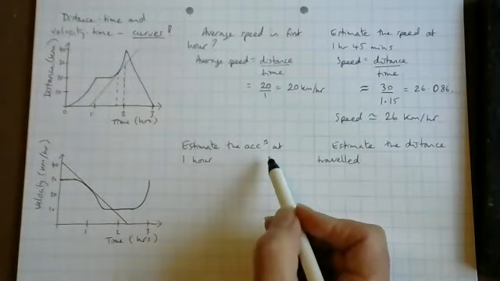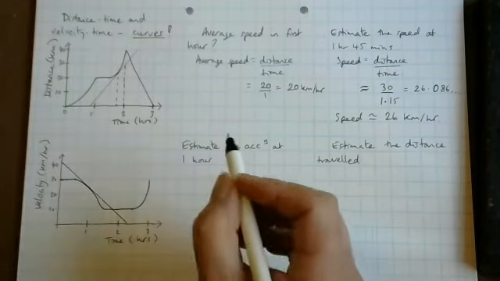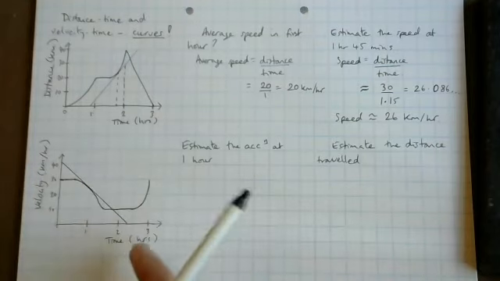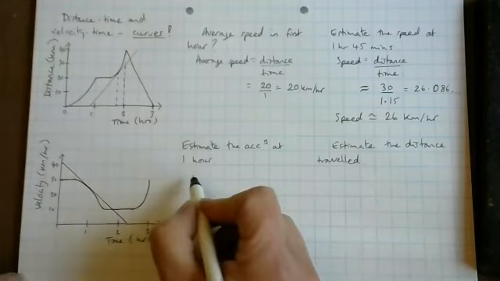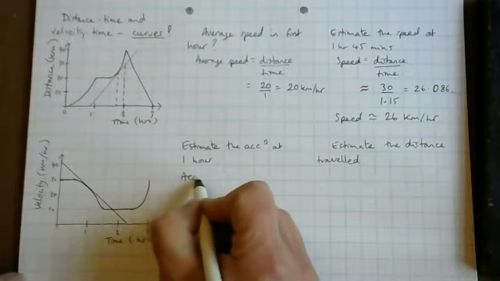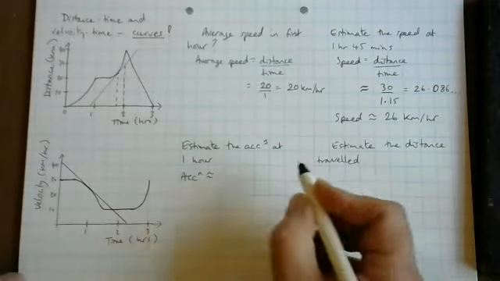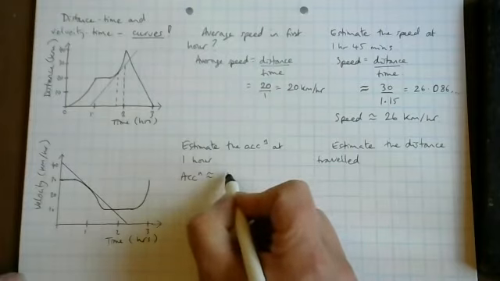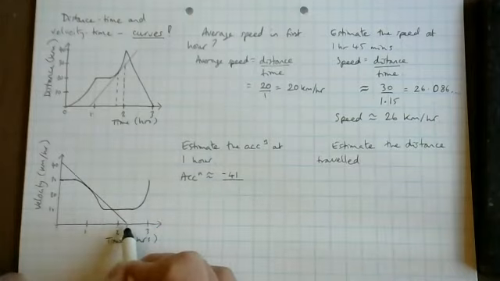So estimate the acceleration at 1 hour. There's my slope. I'm going downwards. I'm going down by, we take this as being 41, I guess. Acceleration is approximately, so it goes down by 41 over a time of 2.